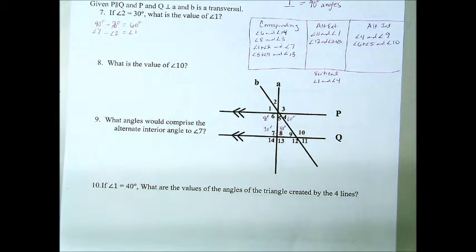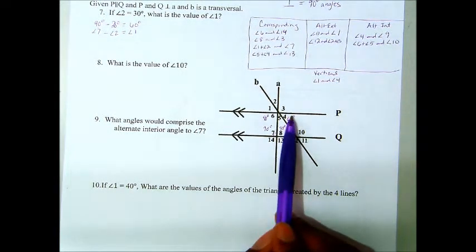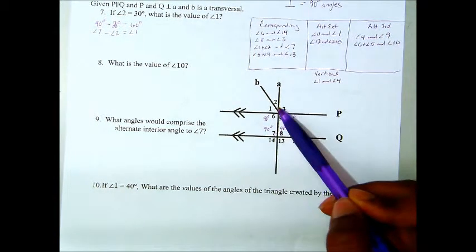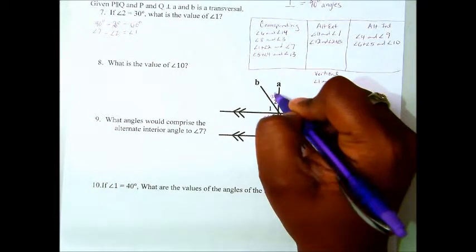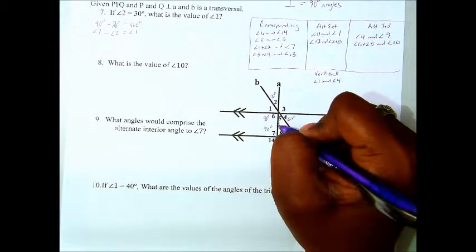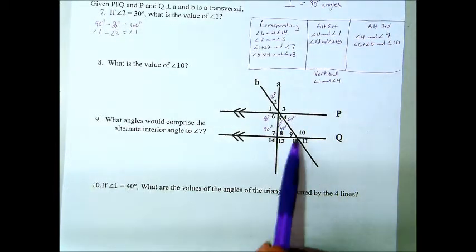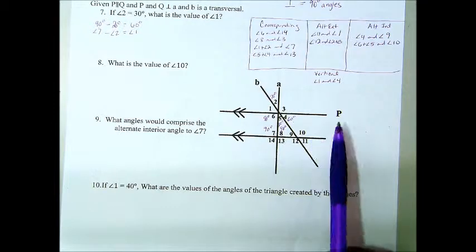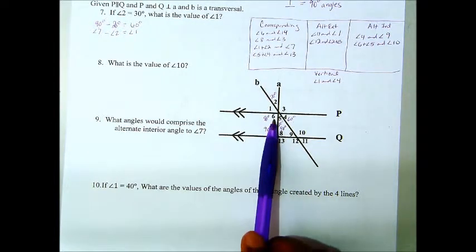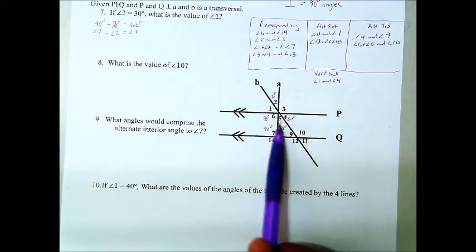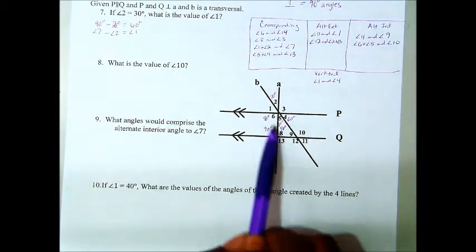All right? So if angle 4 is 60, I also know angle 2. Angle 2 is 30, because they told me in the problem. If I know angle 2, I know angle 5 is 30. All right? So I know angle 6 plus angle 5 will give me angle 10. So I know angle 6 now, and I know angle 5.